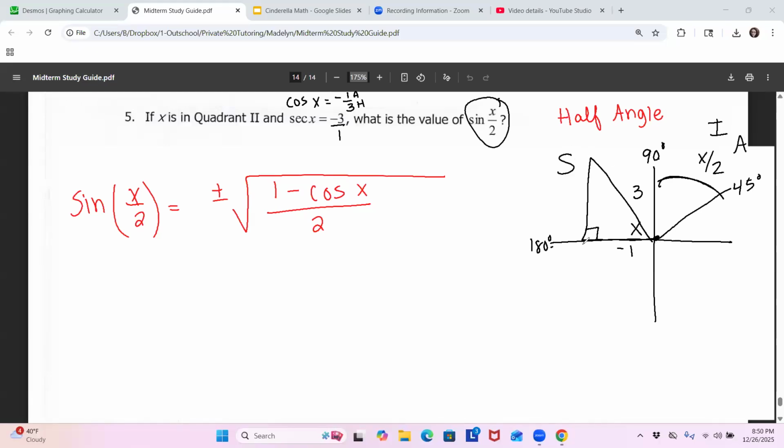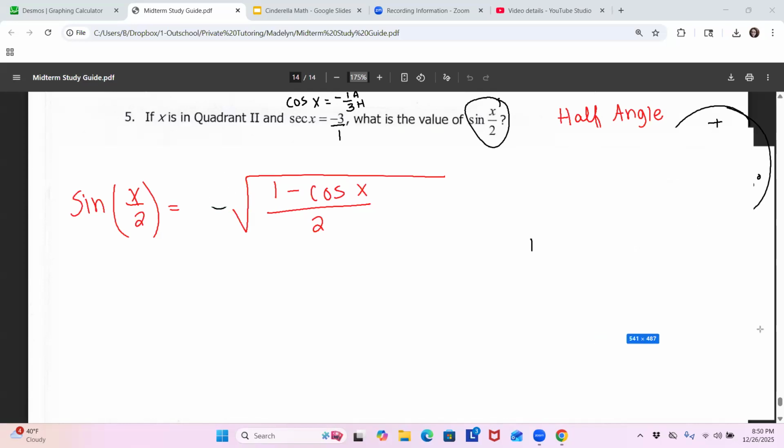All students take calculus, well, we're going to be in All. The x over 2, the half one, is going to be in quadrant 1, so we don't need plus minus. Ours is going to be positive because our angle is in quadrant 1. That's actually all we need this for. So we are going to be positive, and we don't need the plus minus.